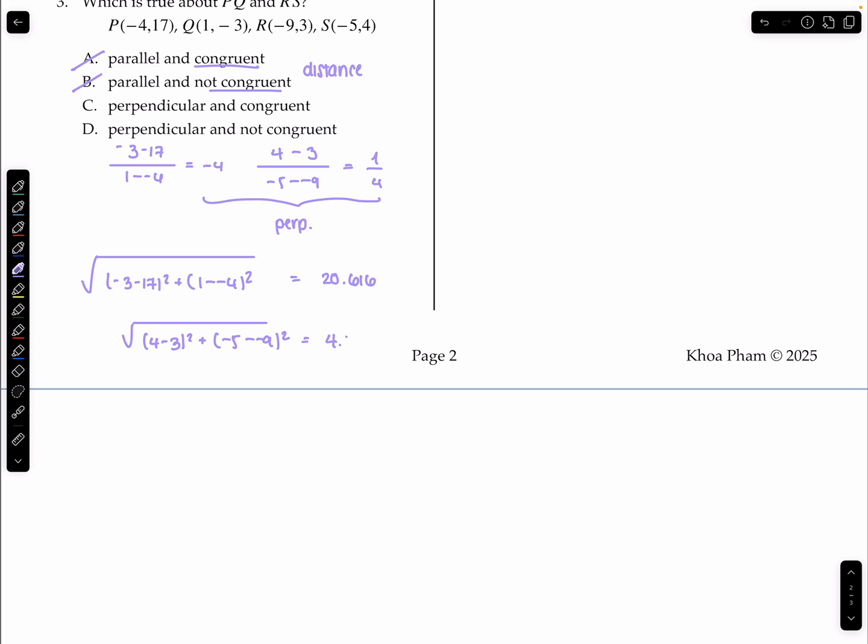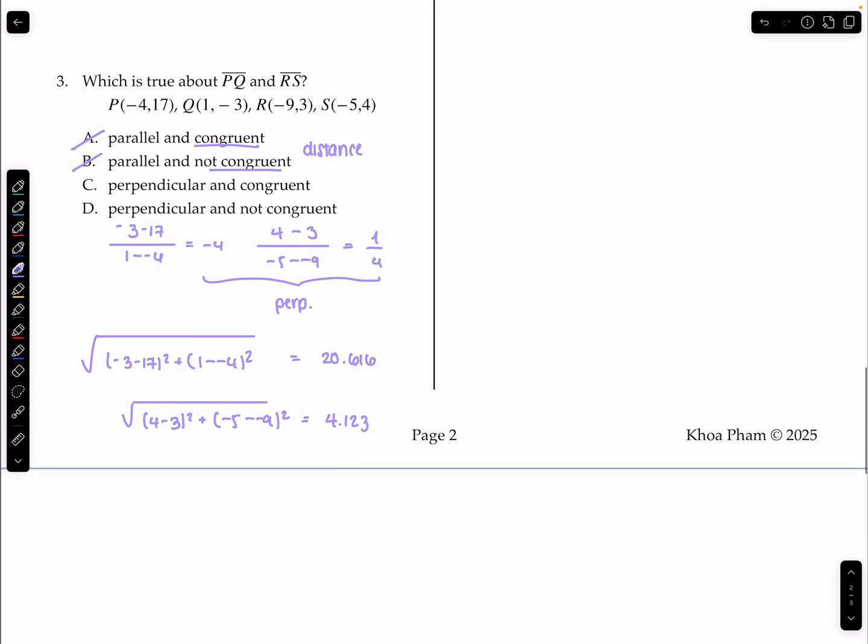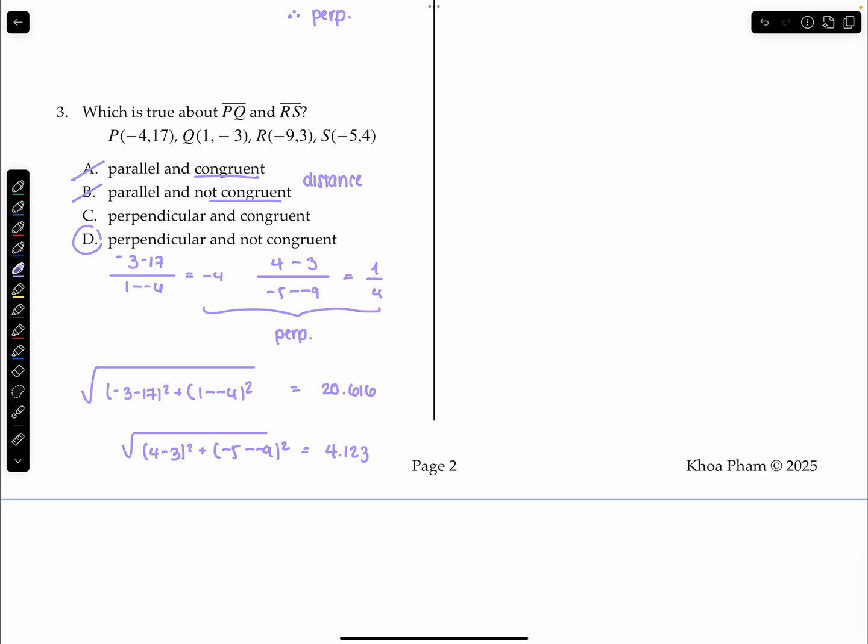Oh, they're not even close. One is about 5 times the length of the other, and so these are perpendicular but not congruent.